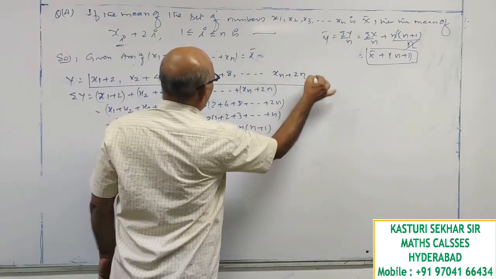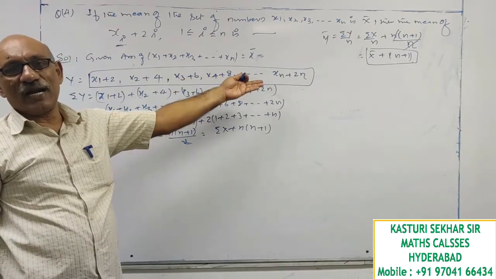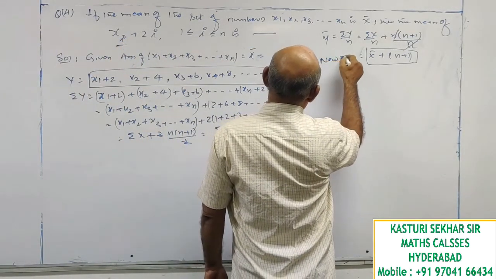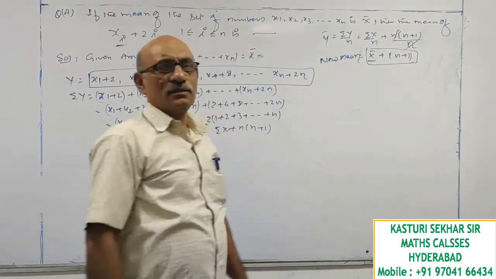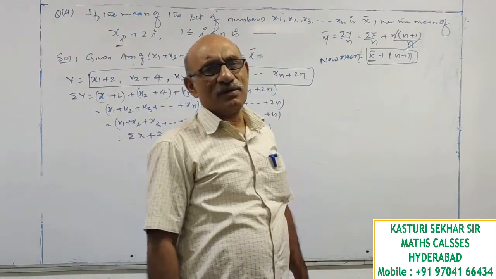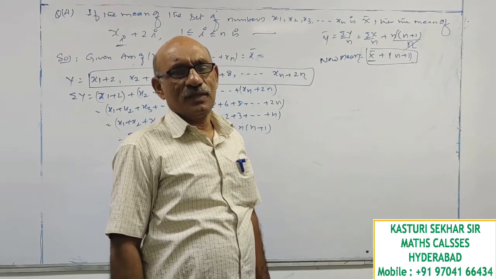It itself will give you an idea. What you are doing, even numbers you are adding. Therefore, the new mean is equal to the old mean, that is x bar, plus the mean of even natural numbers.